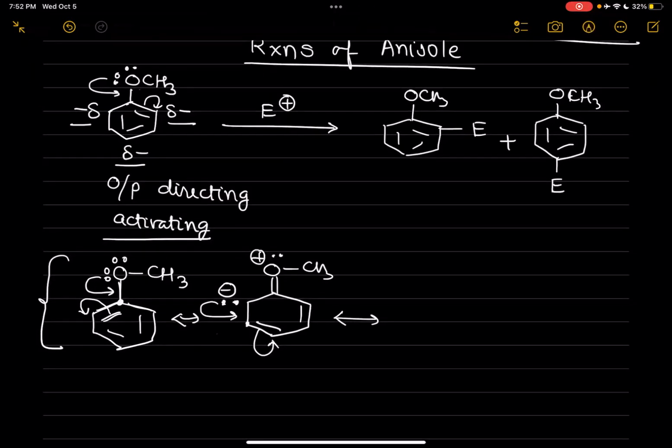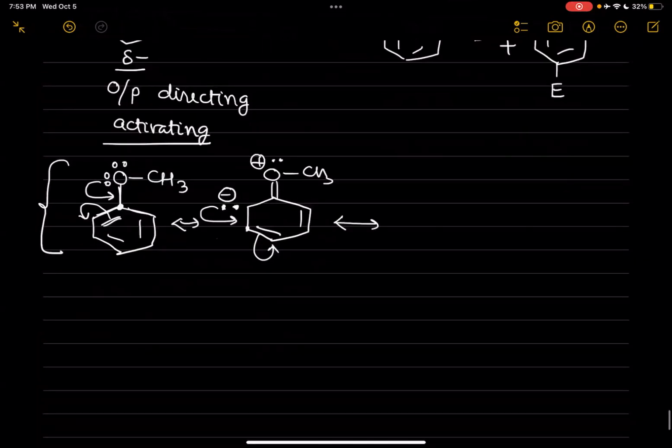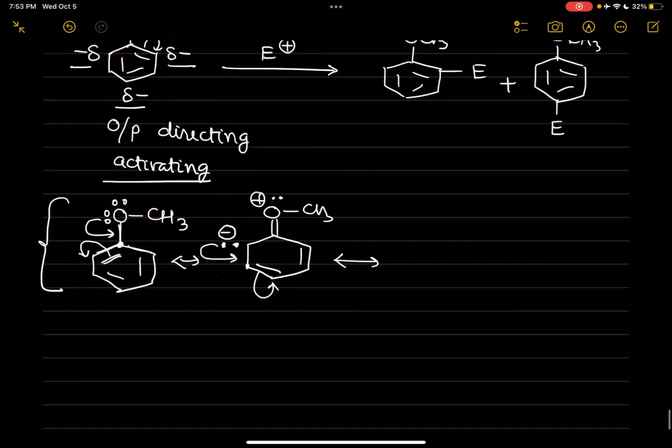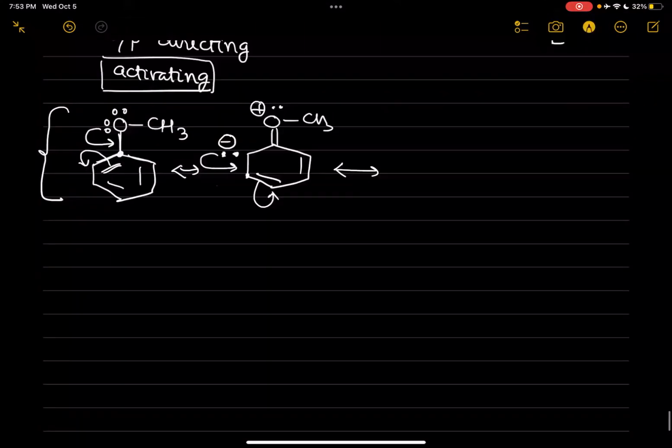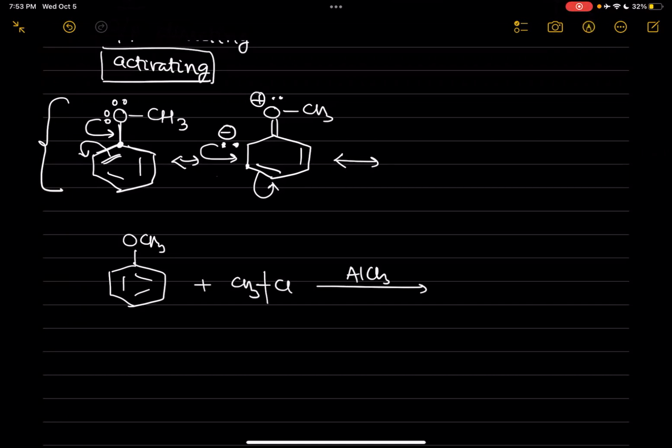So this electrophile can be of different types. It depends upon the type of reaction and the actual electrophile which you have taken, but the overall outcome is going to be the same. It is ortho-para. Activating means it can react more quickly. So let's take a specific example. This Cl will be removed by the AlCl3.